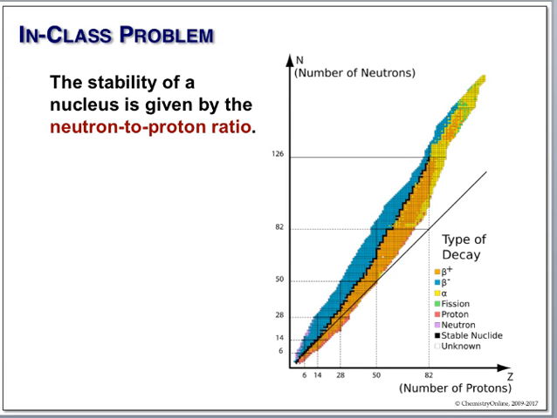These are all of the elements. This is just a straight line. This little jagged line here, those guys are actually stable. On this side, they have too many neutrons. On this side, they have too many protons. If you have too many neutrons, they tend to be beta emitters.